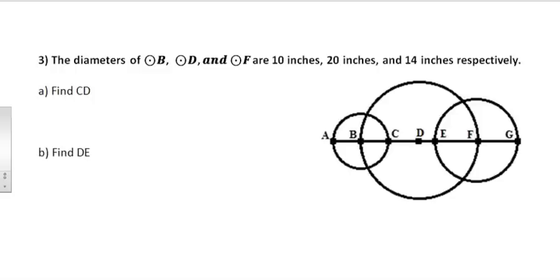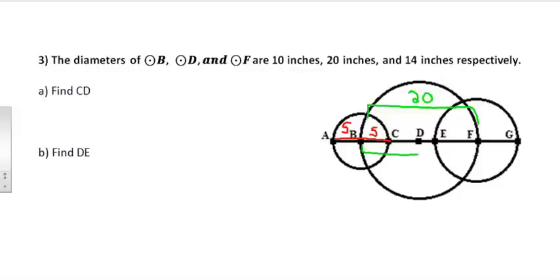And problem number 3, if we're told the diameters are 10 inches for circle B, that means this length right here would be 10 inches. Well, if the diameter is 10 inches, I know both of the radii here would be 5 inches. For circle D, I know the diameter is 20 inches. If this diameter here is 20 inches, that means the radii would be 10.